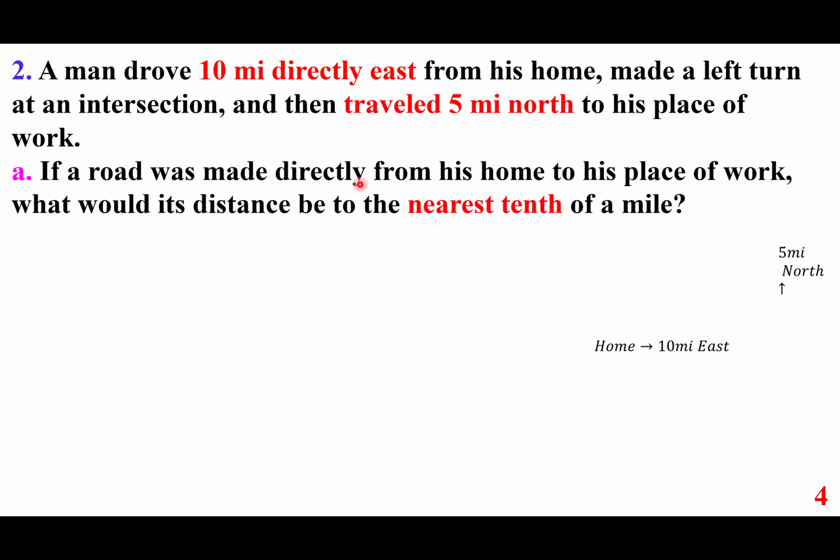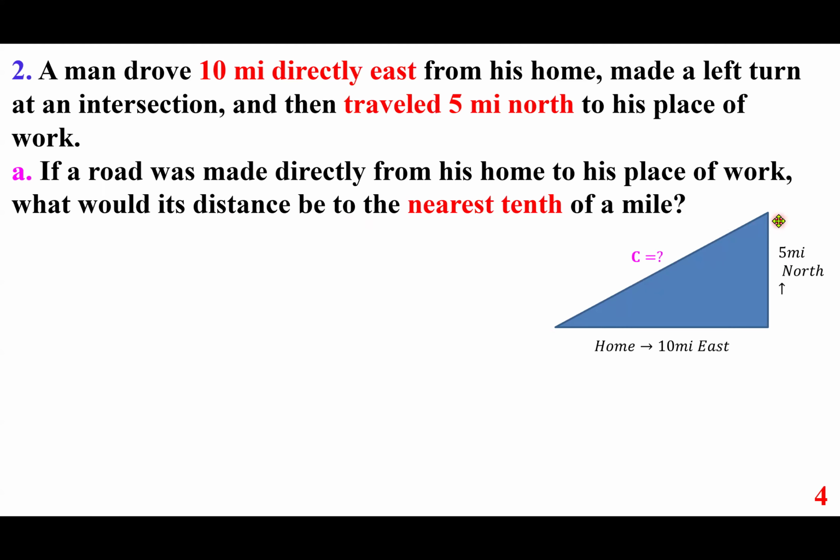If a road was made directly from his home to his place of work, what would its distance be to the nearest 10th? So we're going to go this way 10 miles. We're going to go up, but we want to know what is this distance if we could go directly.